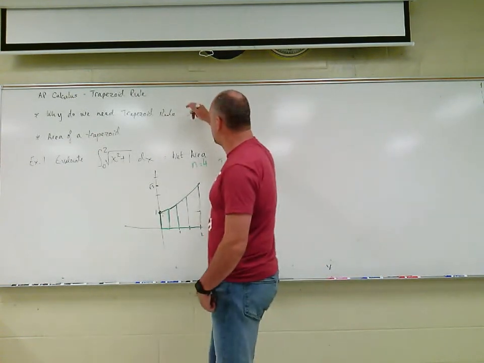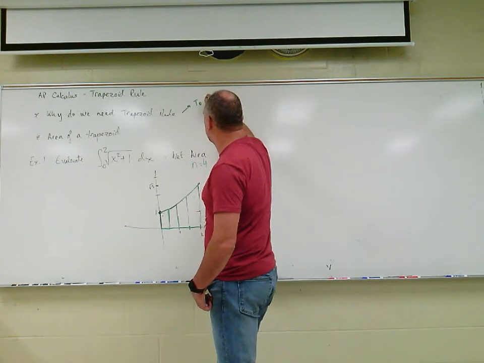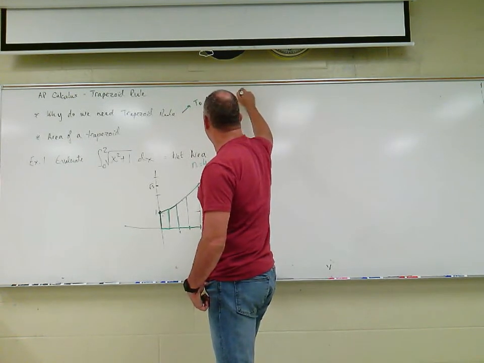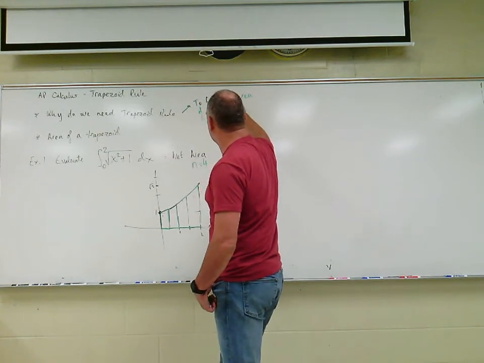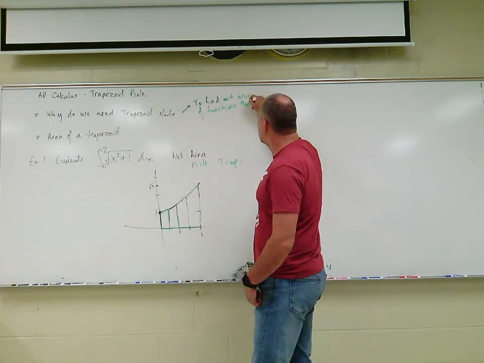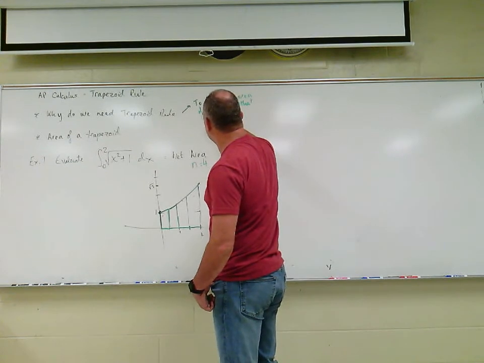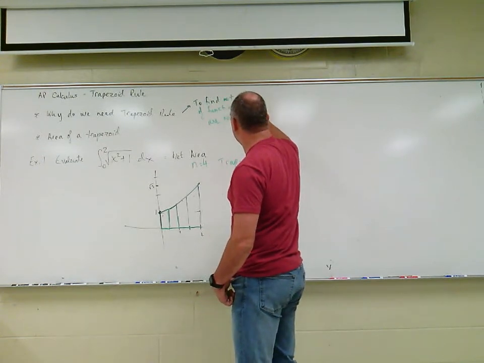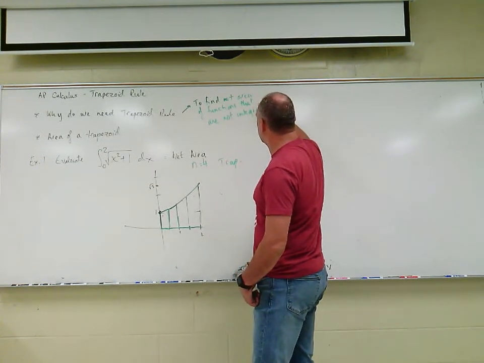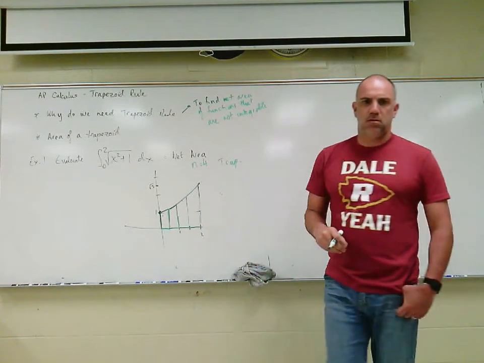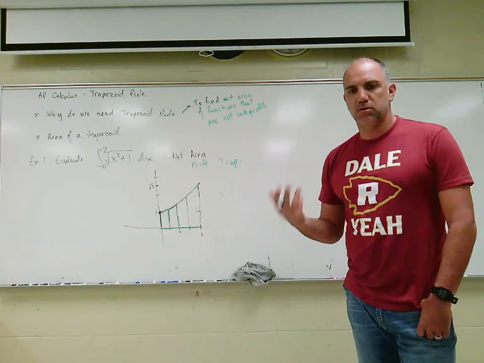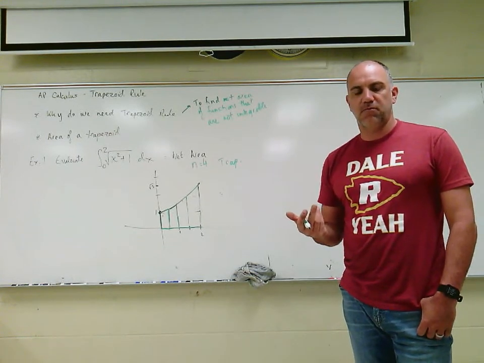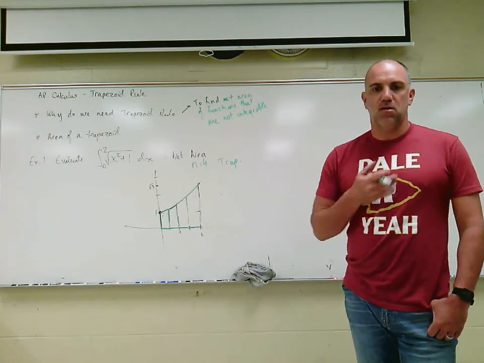We need the trapezoid rule to find net area of functions that are not integrable. So if you can't integrate them, if we have trouble trying to integrate and we want to find the net area, this is another option.